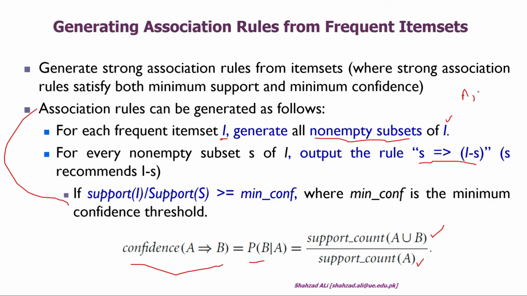Like if we talk about A and B, then its subset is A, another non-empty subset is B. So for this we have to take I minus S. When we subtract S from I, we get only B. Similarly for this, we get only A. So for every non-empty subset S of I, output the rules.